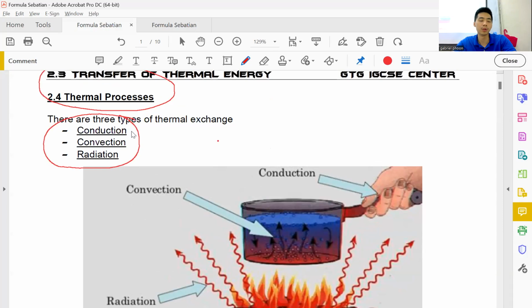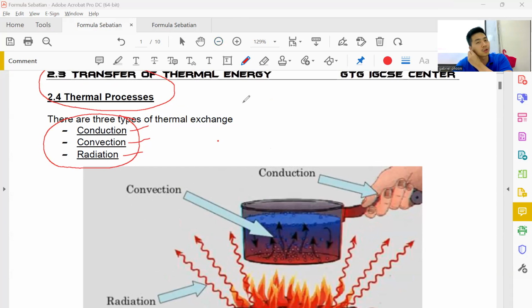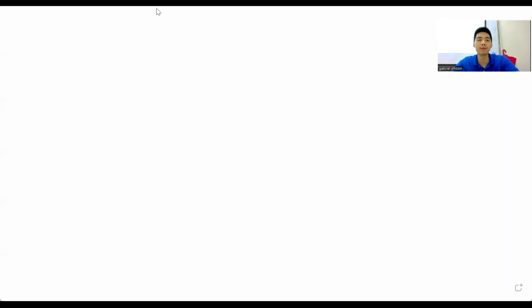Heat can be transferred through conduction, through convection, and also through radiation. In order to have a very brief understanding of how conduction, convection, and radiation work, you have to imagine today 3 of you guys went camping together. As soon as you reach the campsite, obviously what you're going to first do is start the campfire, right?